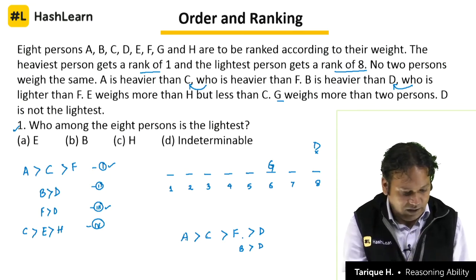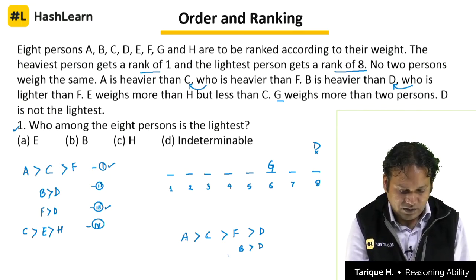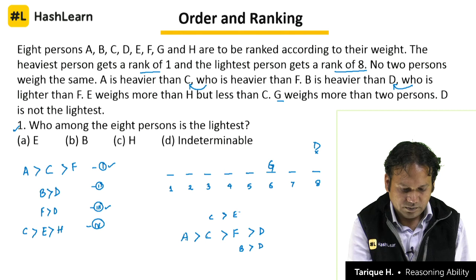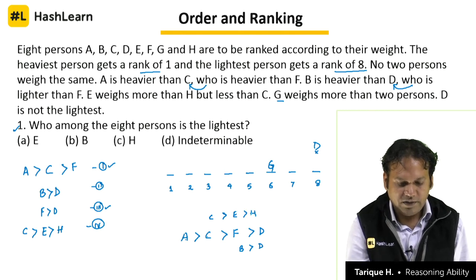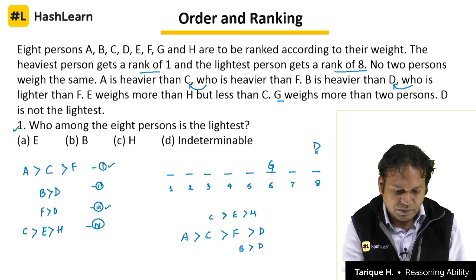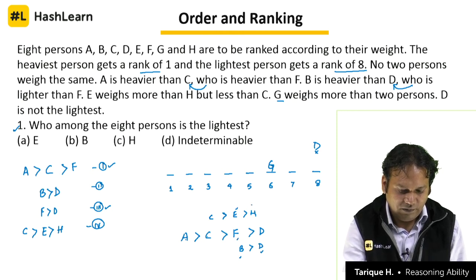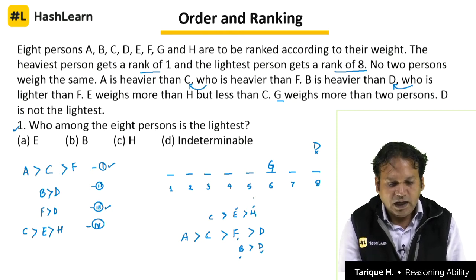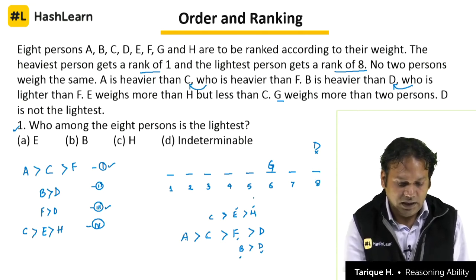and C is heavier than E and H. So C is heavier than E and H. C is heavier than E, who is heavier than H. So if you see here, 1, 2, 3, 4 and 5 persons are lesser than A and C, and G is in the second position.